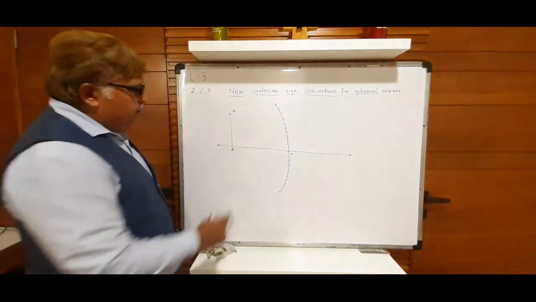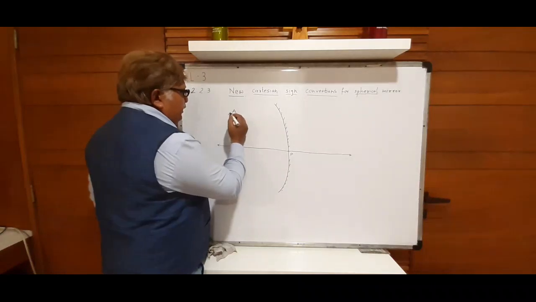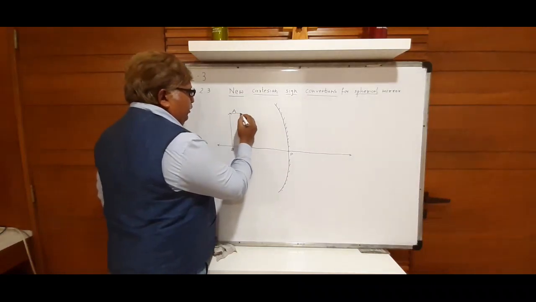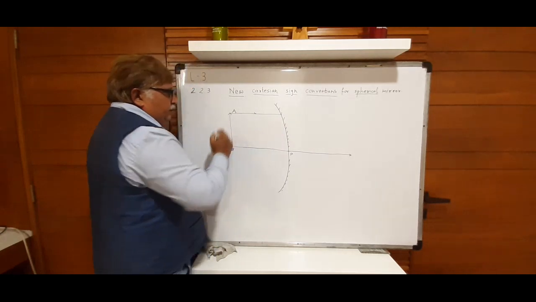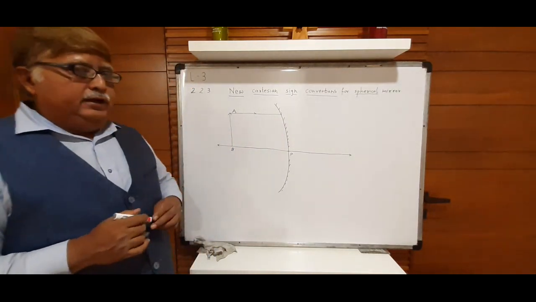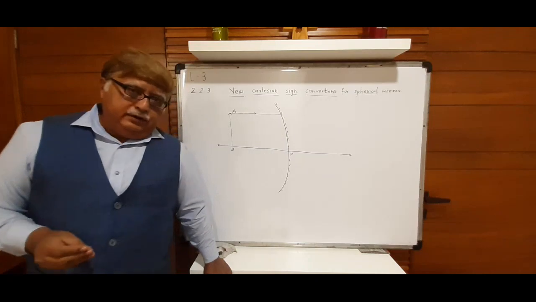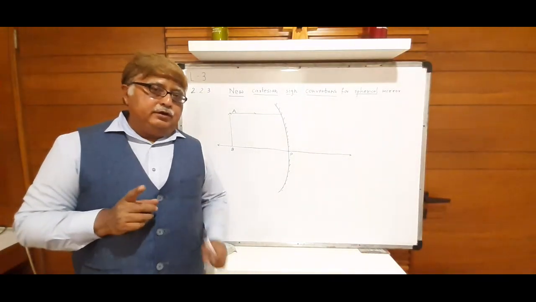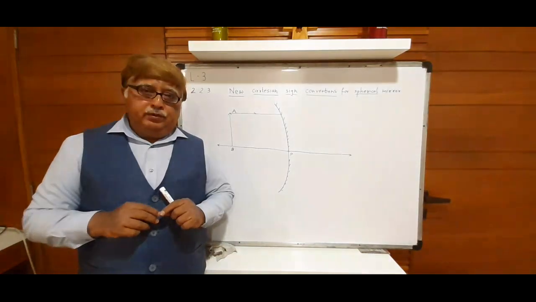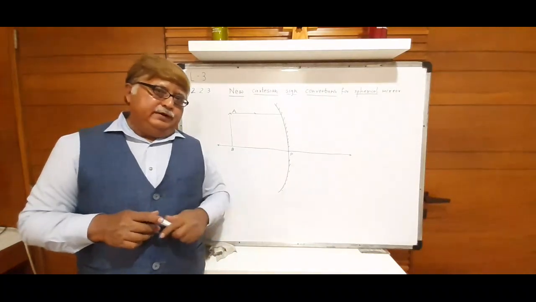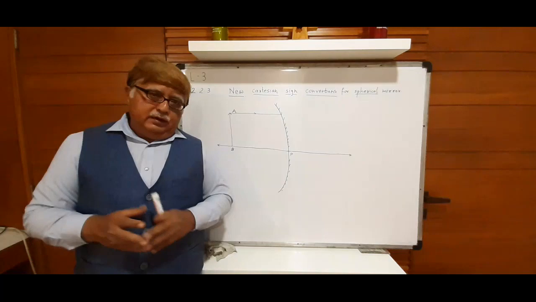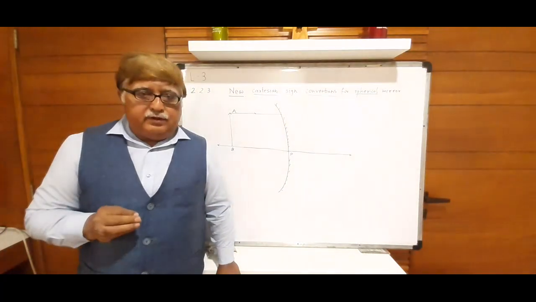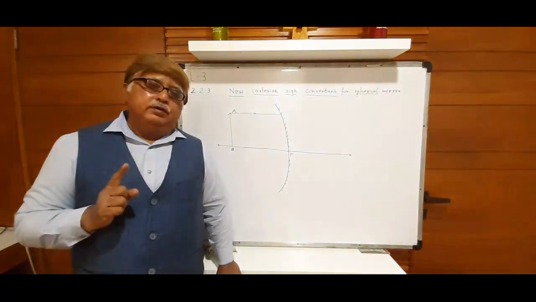That means the incident ray will fall on the mirror always from the left side. Understand? You can't keep the object anytime to the right side of the mirror. That's the basics, and that's the basic rule of Cartesian sign convention.